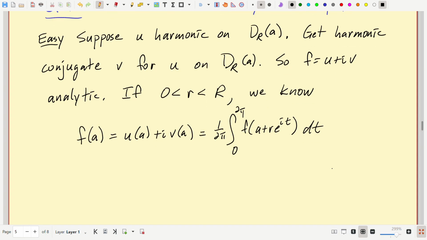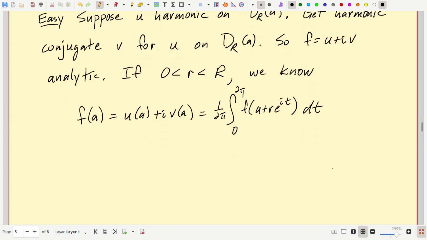And that integral is defined as the real part plus the imaginary part. So the real part would be the integral of u of a plus r e to the it dt, plus i times 1 over 2 pi, same thing for the v function.